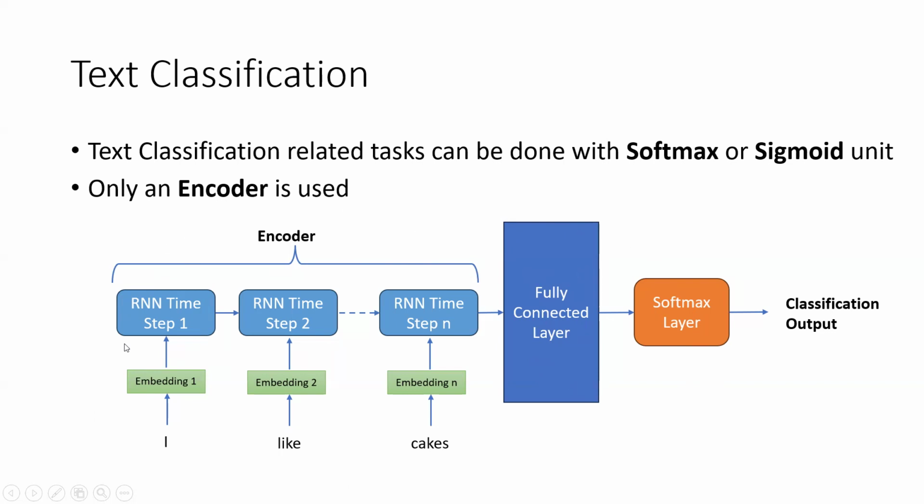As I said, in this RNN module there are n time steps. That means it can have n number of time steps. For each of the inputs, we want to give some vectors as their input. We create the vectors by converting each input token into its embedding using word embeddings, right?